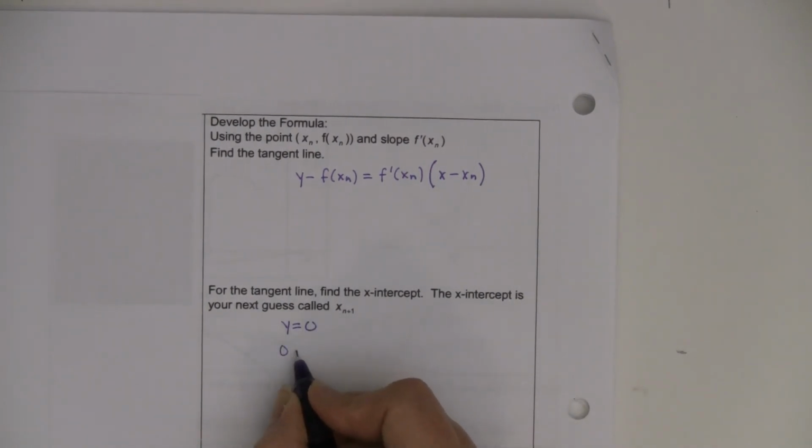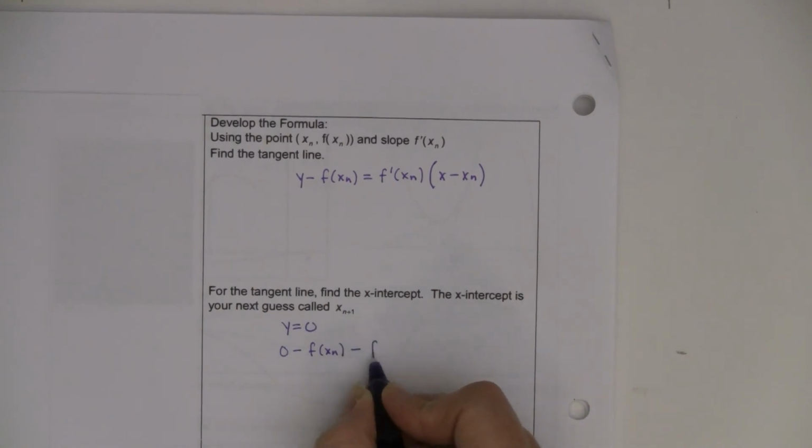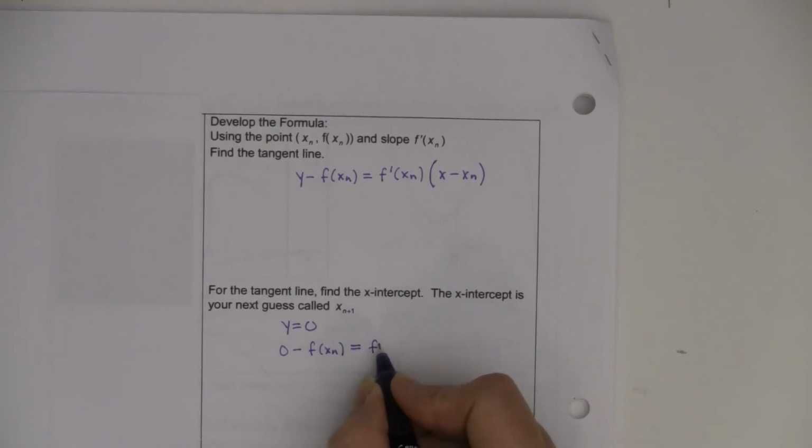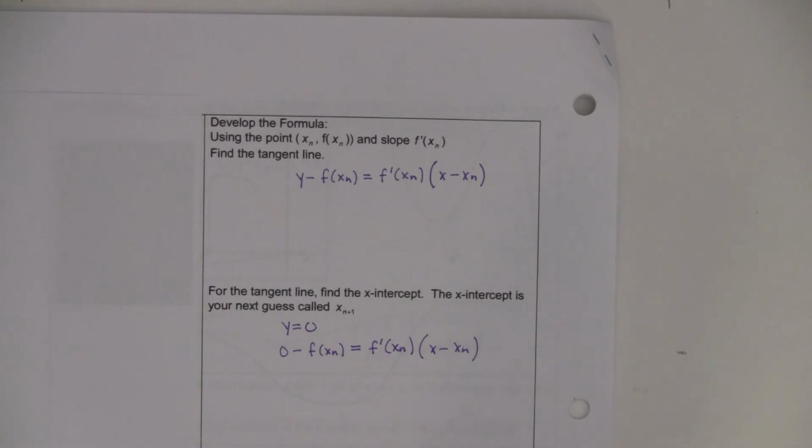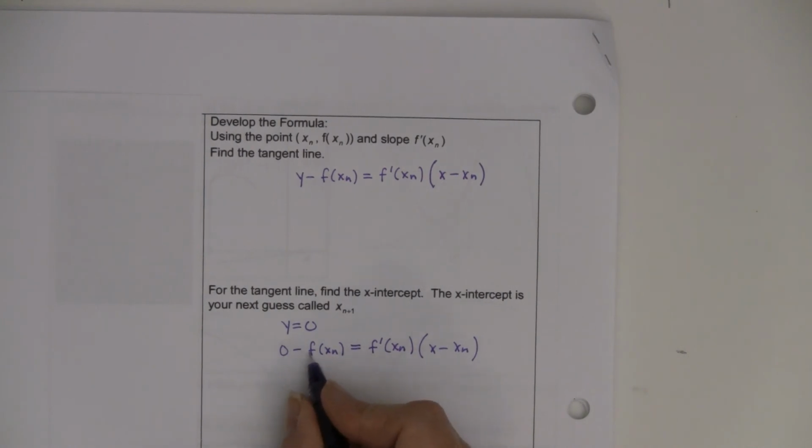And so this gives you 0 minus f at xn equals the slope f prime at xn times x minus xn. And how you find the x-intercept is you solve for x. So I could divide both sides by the slope here. And 0 minus this is just this.